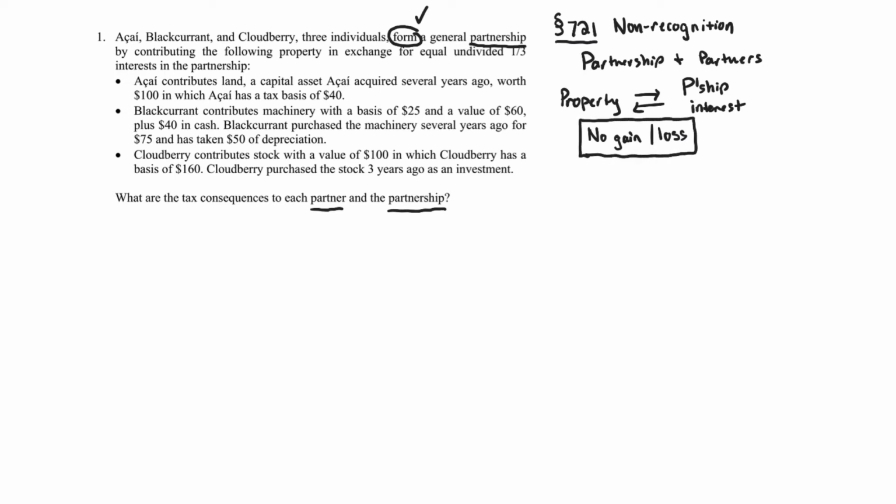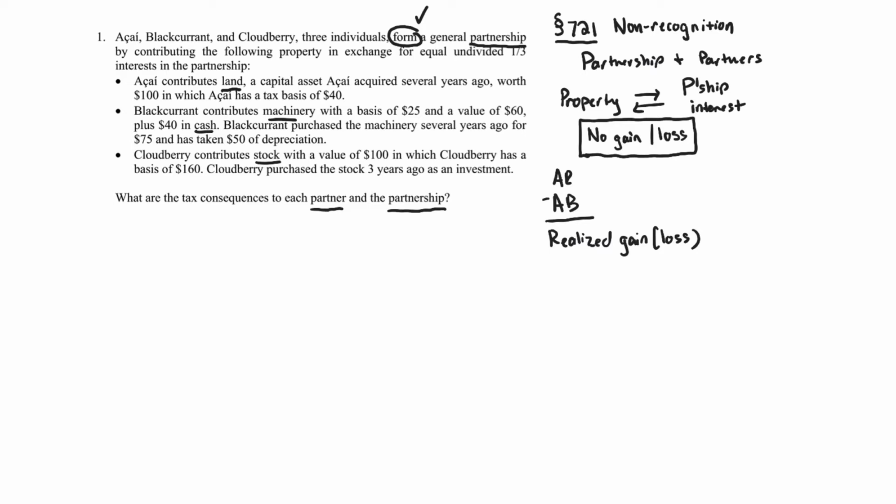Now, remember that in general under the tax law, we've got realized gain and loss, right? Section 1001, amount realized minus adjusted basis gives us our realized gain or loss. Well, here, all 3 of these individuals, A, B, and C, are exchanging property, right? We've got land by A, we've got machinery and cash by B, and we have stock by C. So all of them are giving up property to the partnership in exchange for a 1/3 partnership interest, right?